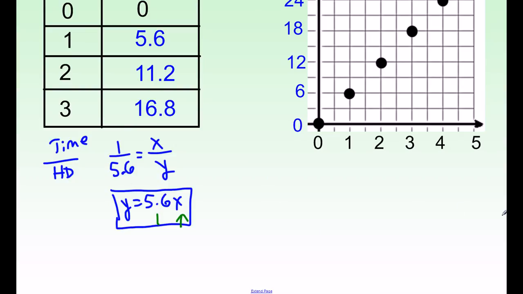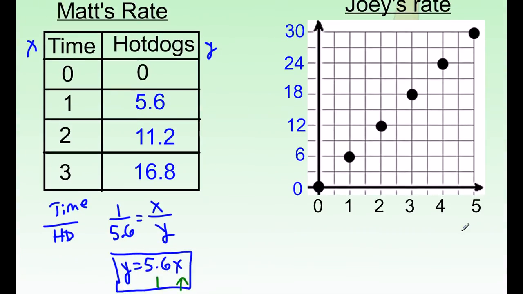Okay. Now we've got to figure out Mr. Joey's rate. So this is essentially just the slope of the line. So if we can find the slope of the line here, that would be the rate. Okay, so let's see. Is this going at a constant rate? Well, it looks like 1, 6, 2, 12, 3, 18, 4, 24.